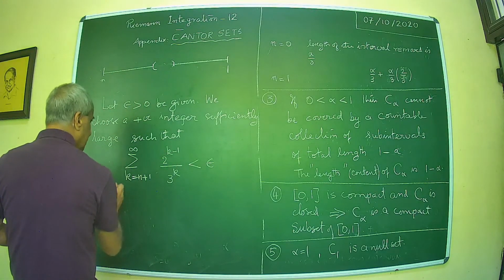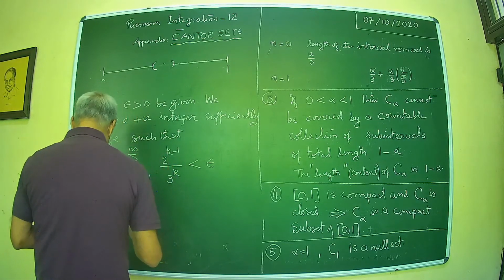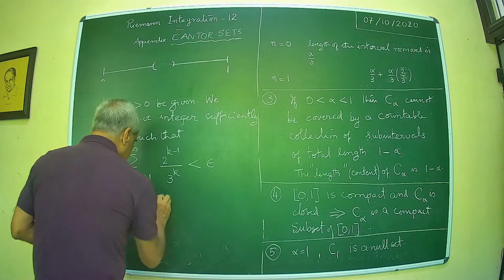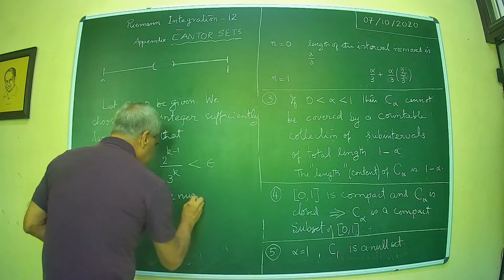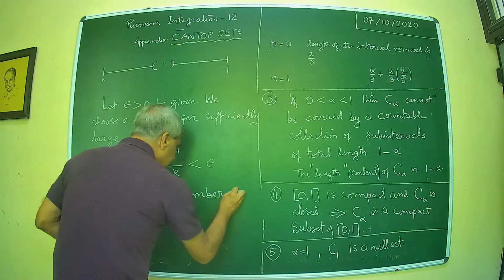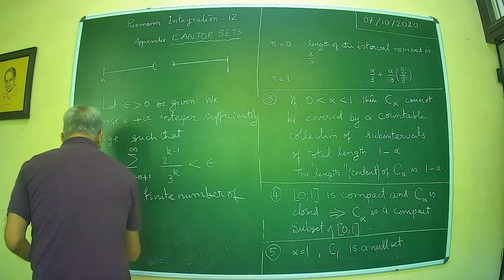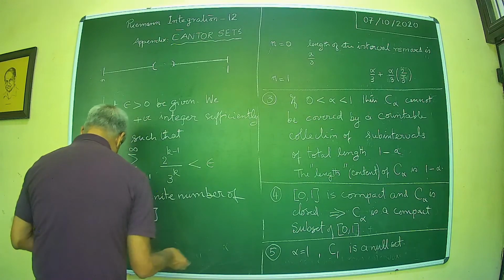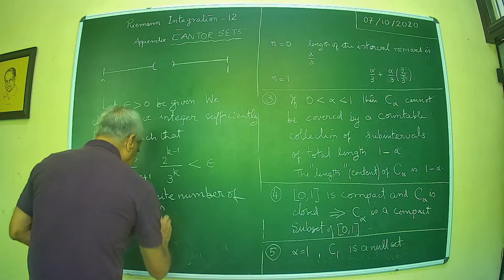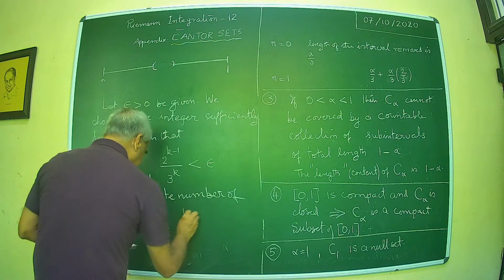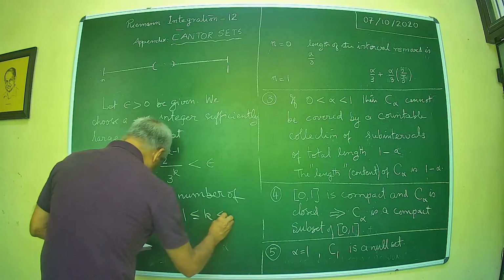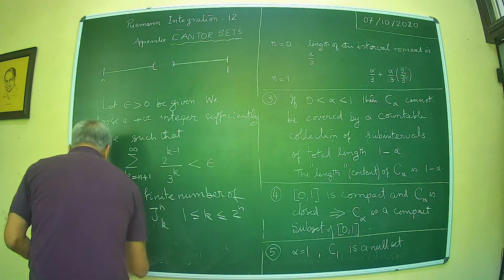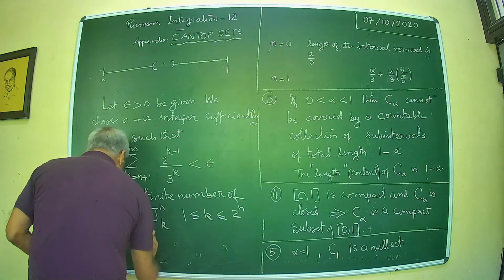Then we see that the finite number of intervals J n k for 1 less than or equal to k less than or equal to 2 to the power n cover C1.